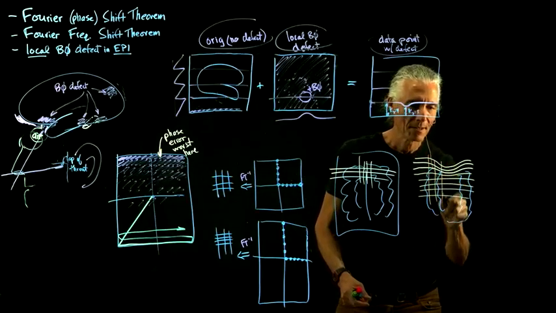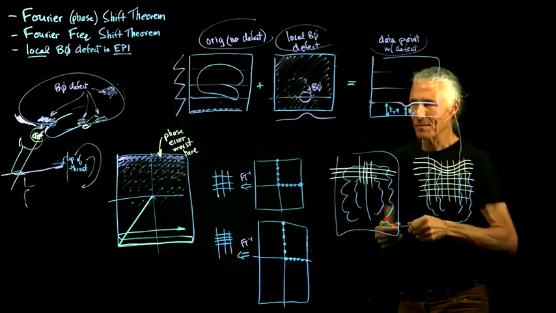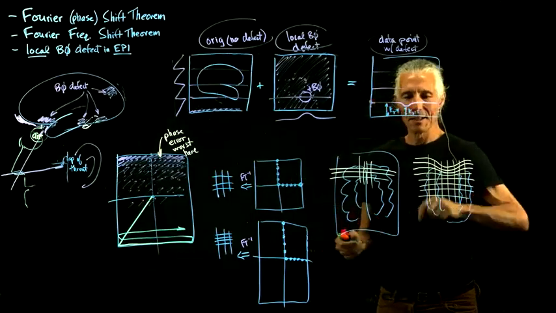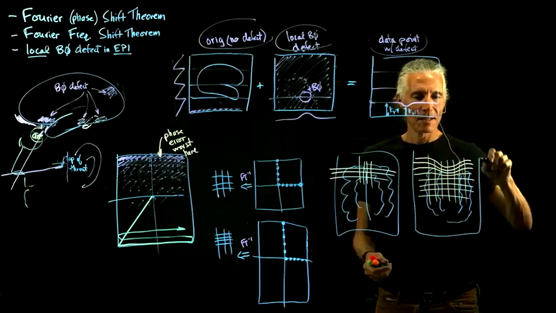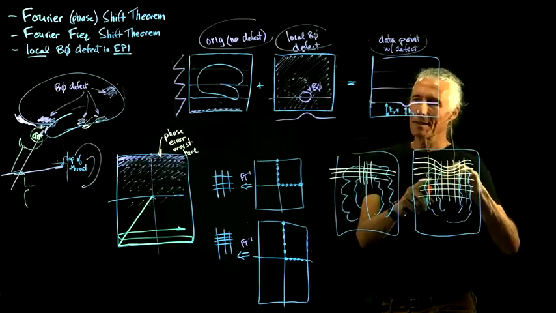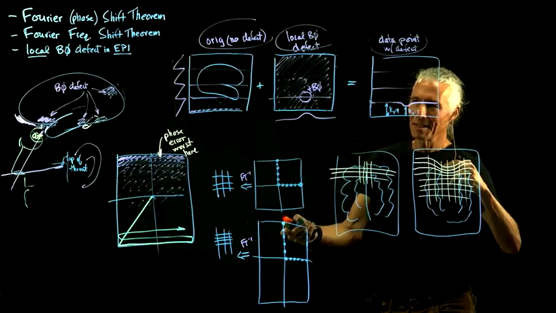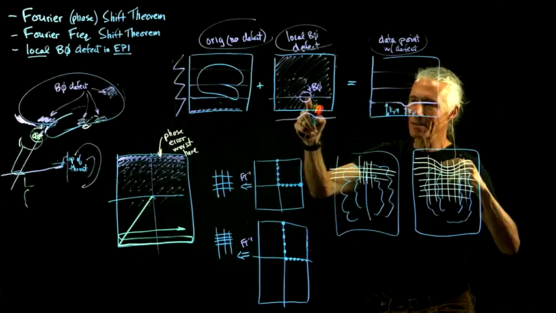So basically that's what's causing the shift. So the shift is coming from this increase in the spatial frequency that was caused by this extra B0.